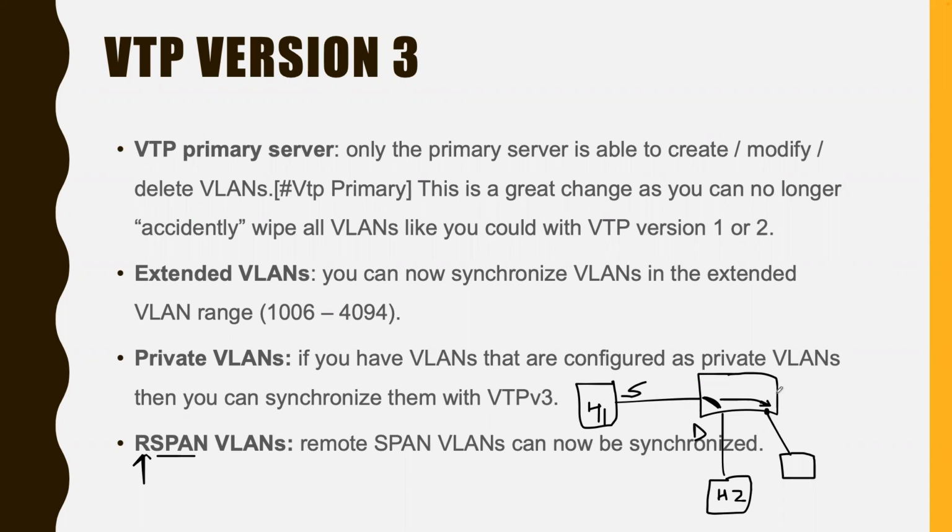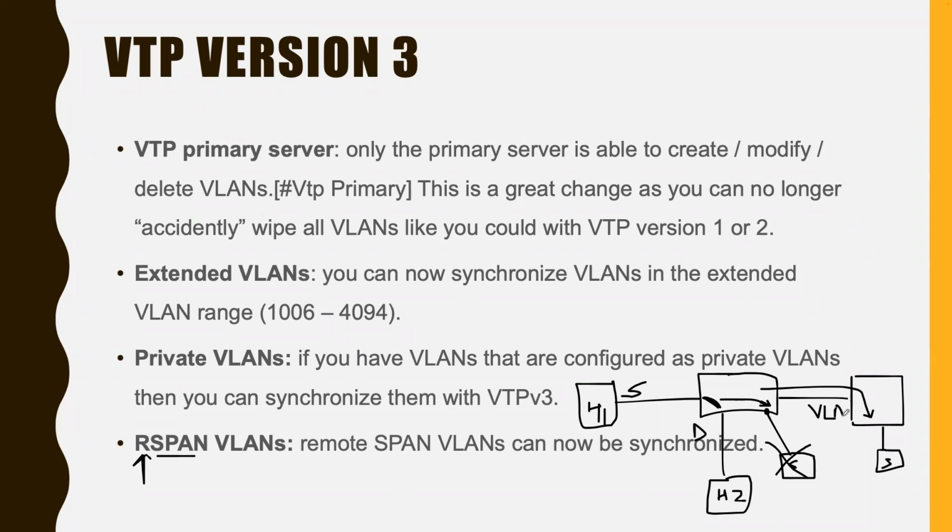However, let's say your SPAN source is connected to a second or third switch somewhere in your network, and you want this SPAN data to be sent over to a third VLAN.